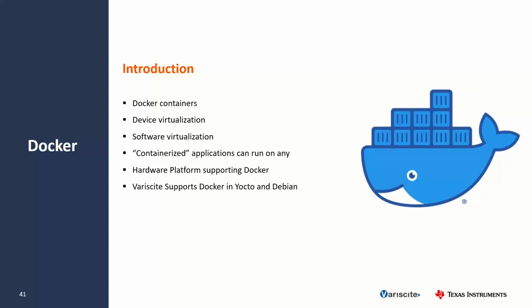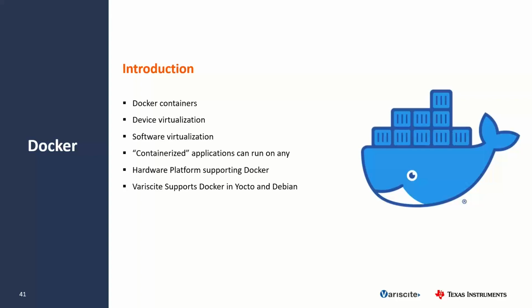All our SOMs are Docker ready because Docker basically requires a set of kernel configurations that must be enabled, and we ensure that all the kernels that we provide have those specific kernel features enabled. We do support Docker for both Yocto and Debian.